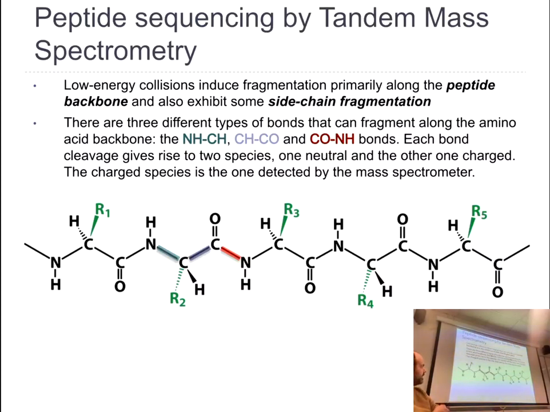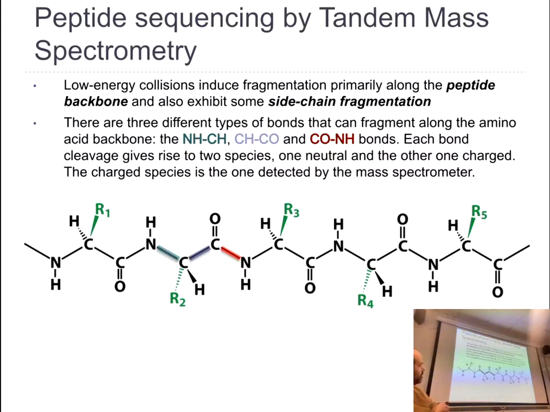Out of all these, which one's the peptide bond? I always get confused. Between the carbon and the nitrogen. This one? Great. So we're going to have a fragmentation here.